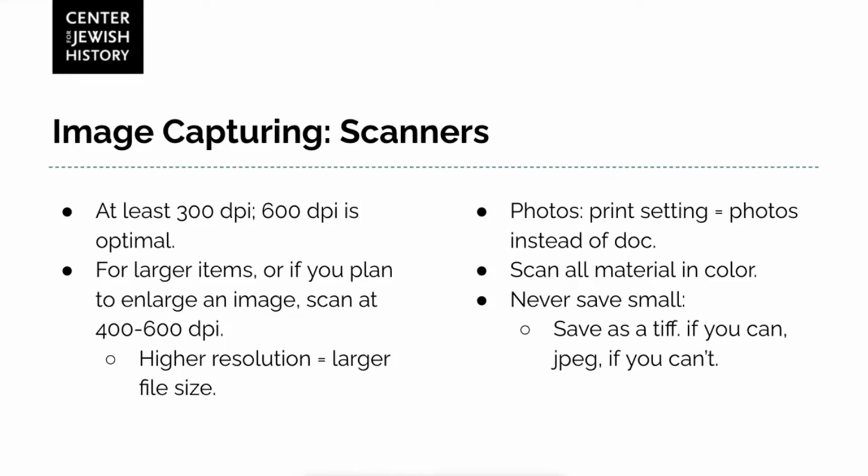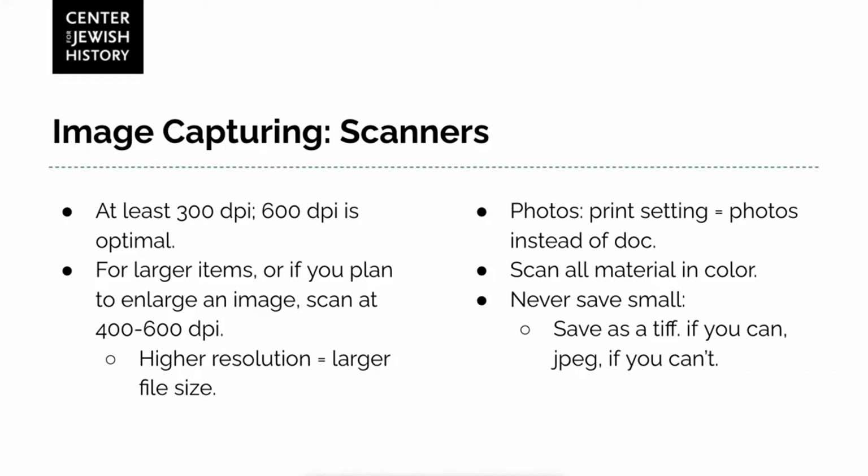For larger items such as photos or documents that are larger than letter size, or if you plan to enlarge the image later on, scan at least 400 to 600 DPI. Again, while higher resolutions create a better quality and longer lasting file, it also means a larger file size, so keep this in mind when choosing your settings.